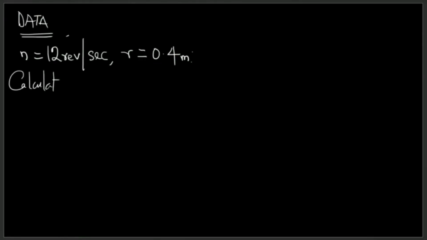So we're given the value of n as 12. Sometimes I prefer to write it like this: 12 rev per what? A second. The radius of the flywheel is given to be 0.4 meters. So the first question there is to determine the angular velocity.